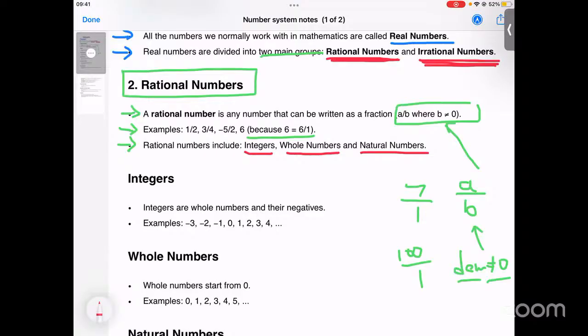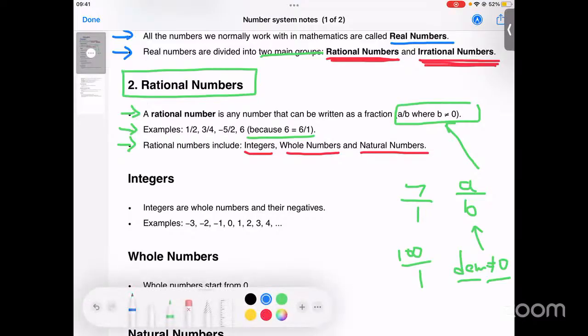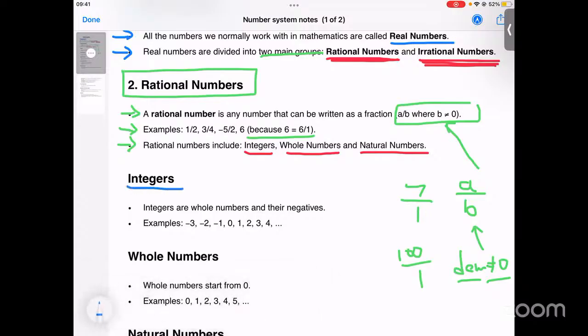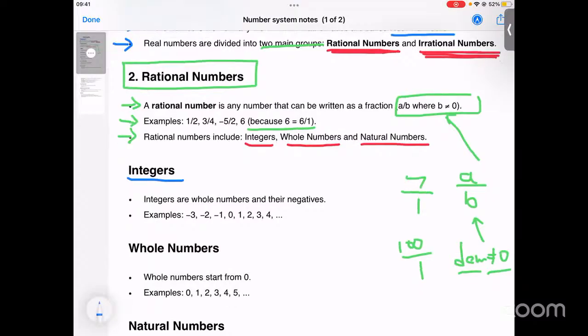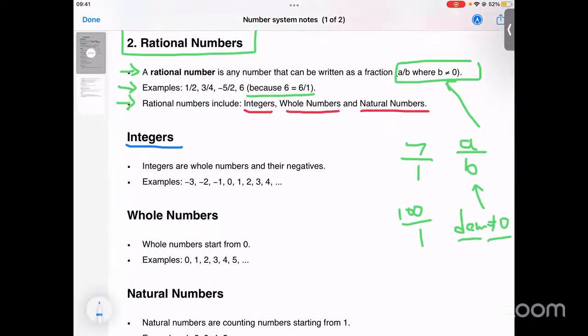What exactly are these three things? Maybe let's have a look at what is meant by an integer. Remember, all these fall under rational numbers. So what is an integer?